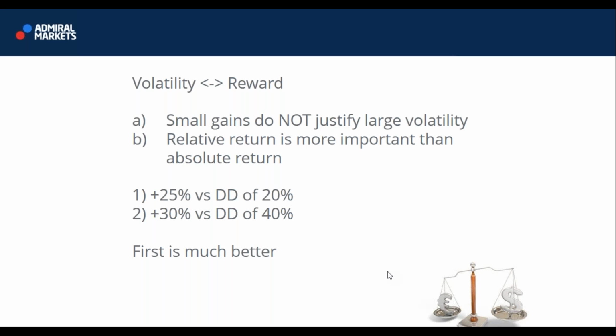What is the volatility that you're enduring to gain 25 or 30? If the risk is less on 25%, let's say the drawdown is 20, then actually 25% is better. And if the drawdown on the 30% is 40, well, definitely 25% is better, because you're risking half to gain about the same, just a little bit less in return.